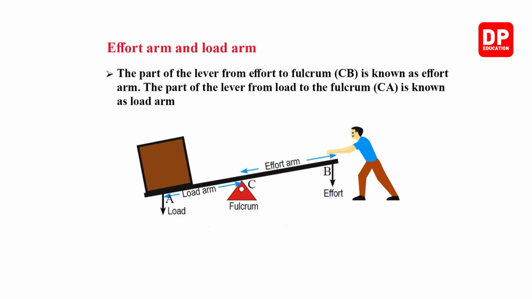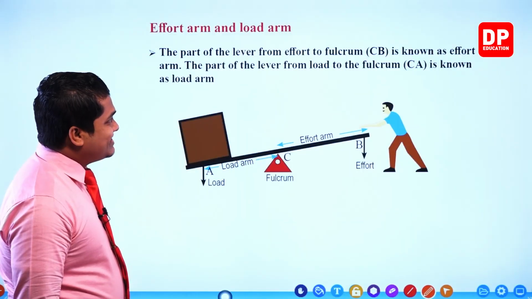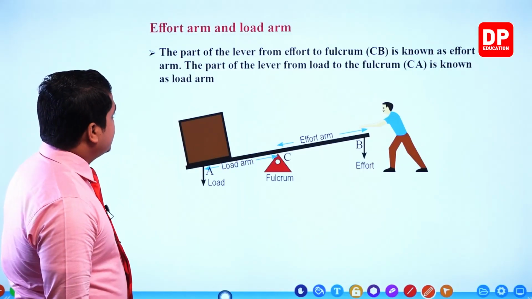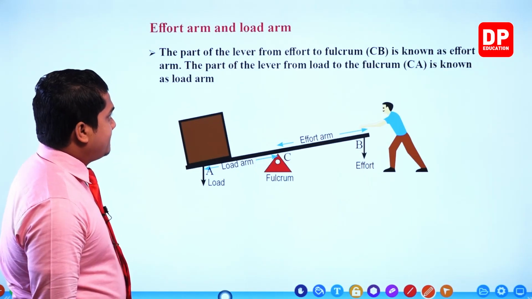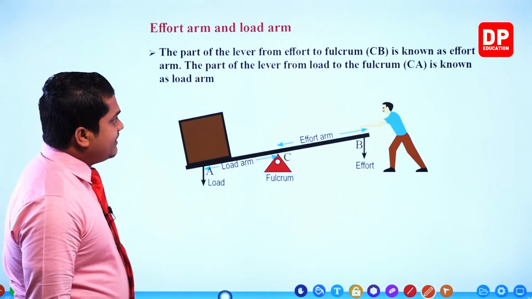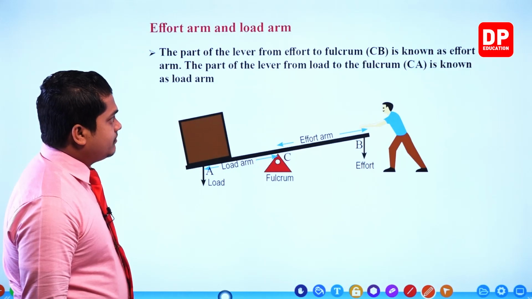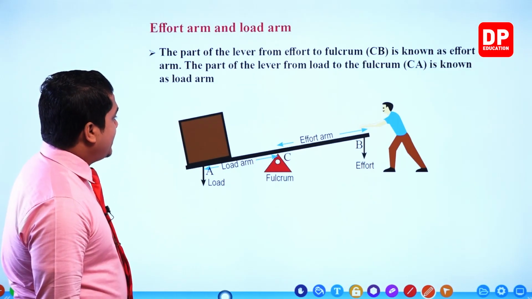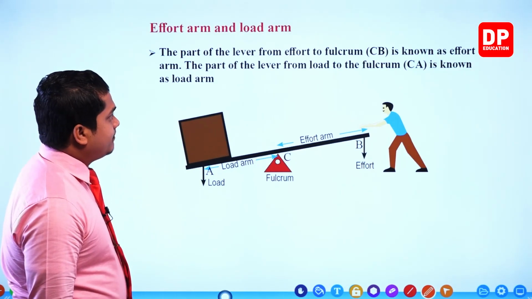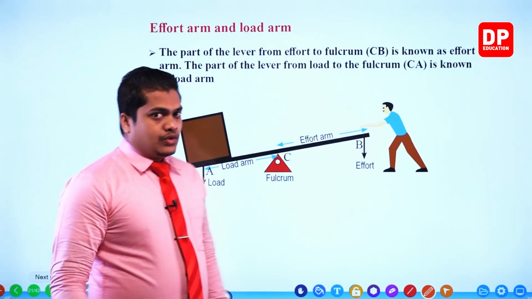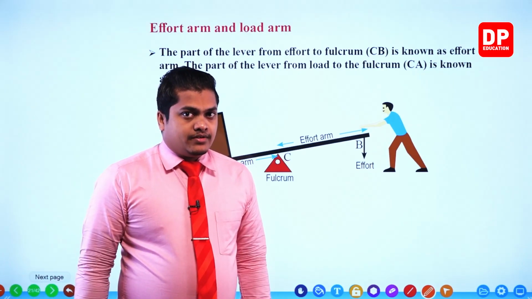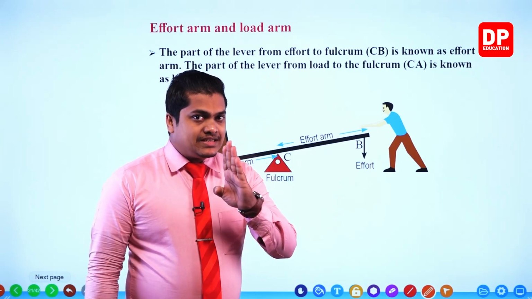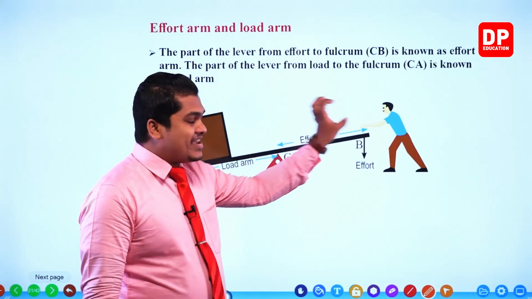The part of the lever from the effort to the fulcrum, CB, is known as the effort arm. The part of the lever from the load to the fulcrum, CA, is known as the load arm. We can identify two other factors. The distance between the fulcrum and the effort.